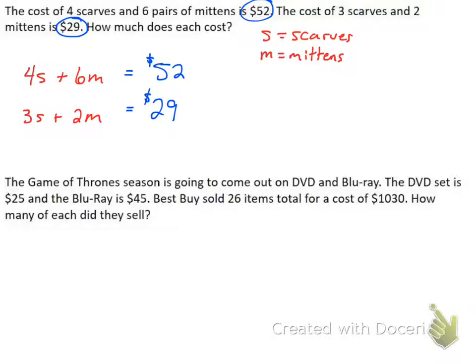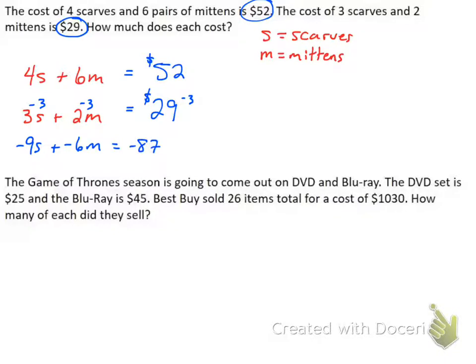And so again, pretty easy to do elimination. Multiply this one by a -3 to get them to be opposites of each other. So I would get my new equation, which would be -9s plus -6m is equal to 29 times -3, which gives me -87.